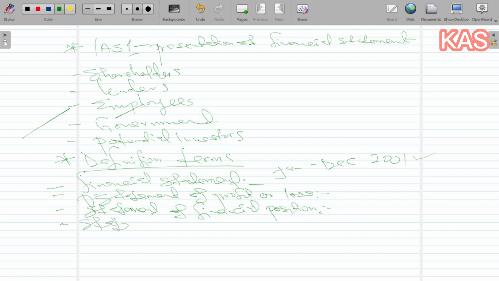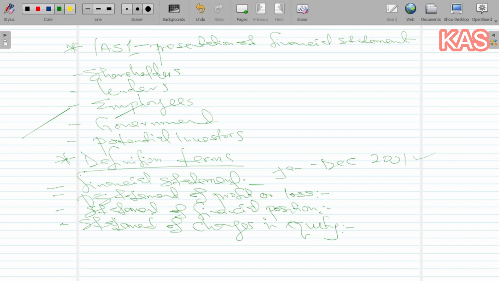So this is the fourth one, which is the statement of changes in equity. This statement shows the movement in ordinary share capital and reserves during a specified period. So what does this mean?